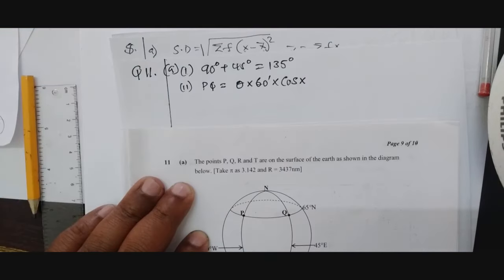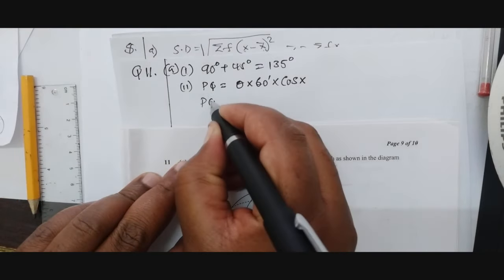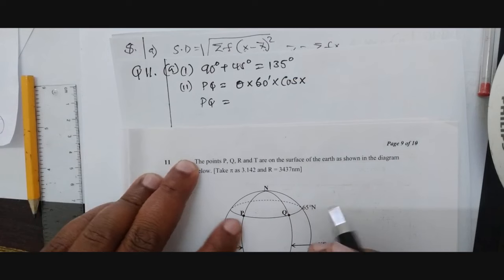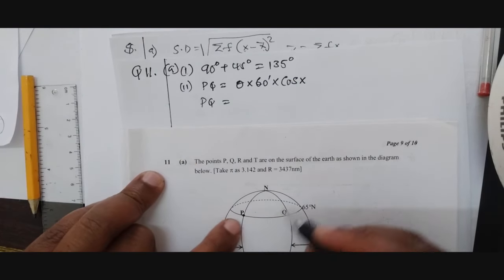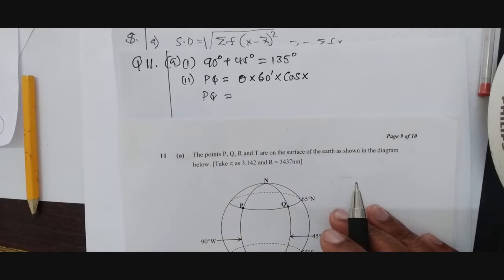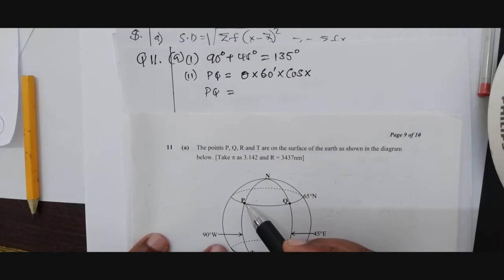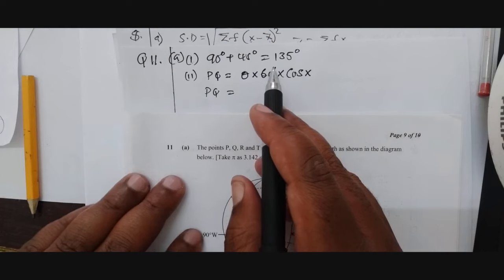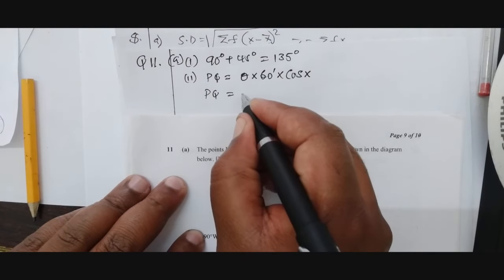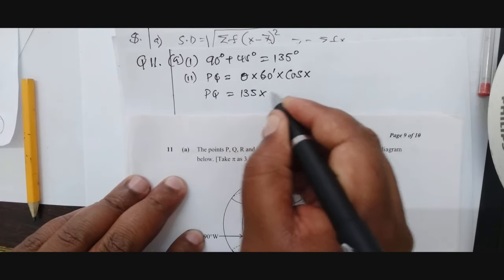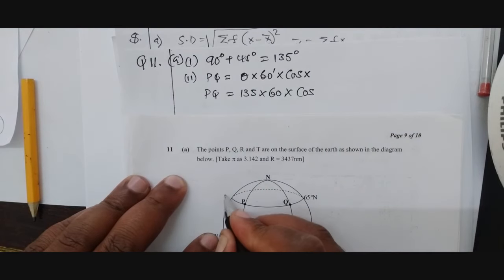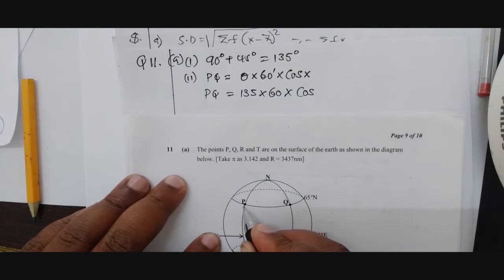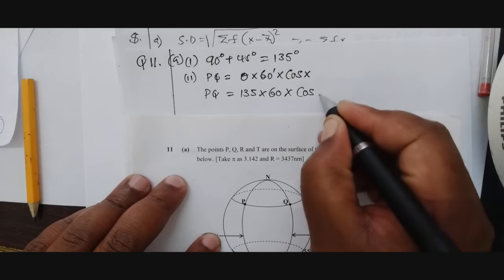Okay, so say PQ is equal to, what is our theta here? If I'm dealing with PQ, theta is the difference in the longitude. Alright, and the difference in longitude between P and Q remains to be 135. So I'll say 135 times 60 times cos x. What is the x? x is the angle of latitude of points P and Q, which is 65.